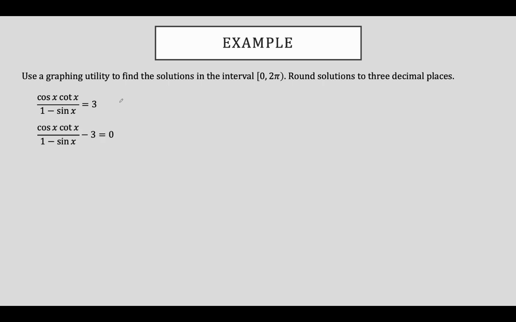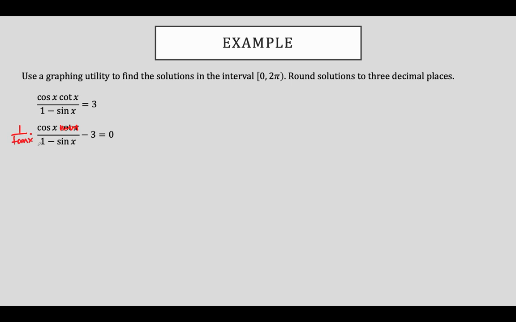Now, the challenge here is that our calculator doesn't actually have a cotangent button, all right? That means if I want to plug this into my calculator, I have to rewrite the expression in terms of sines, cosines, and tangents. Well, instead of multiplying by cotangent, I can actually use the reciprocal identity of cotangent. The reciprocal of cotangent is tangent, so instead of multiplying by cotangent, let's multiply by its reciprocal, 1 over tangent of x.